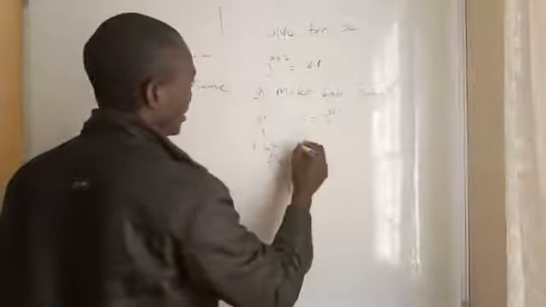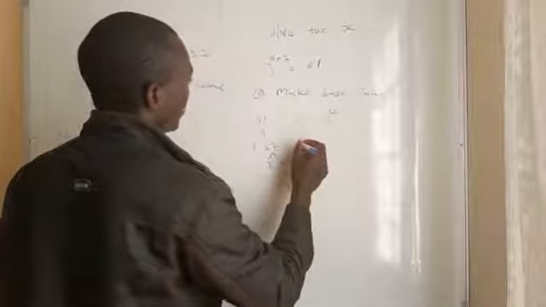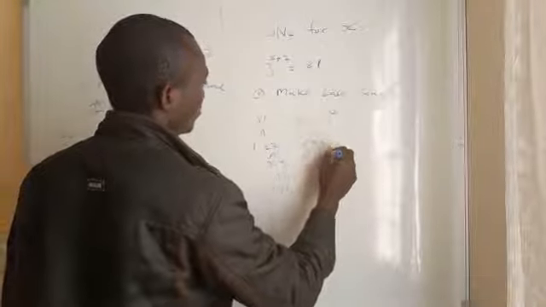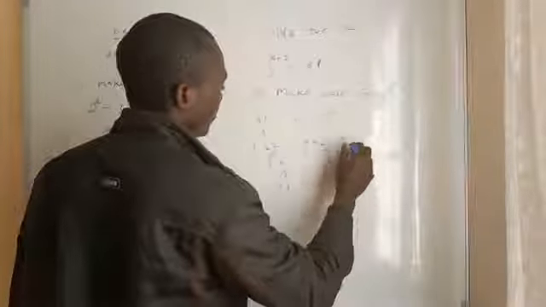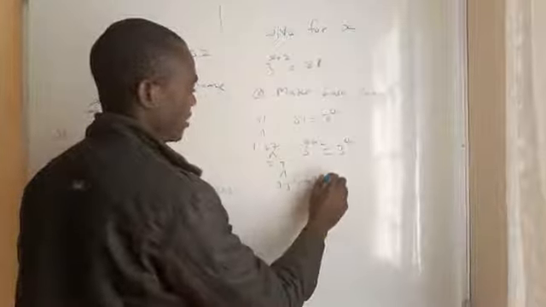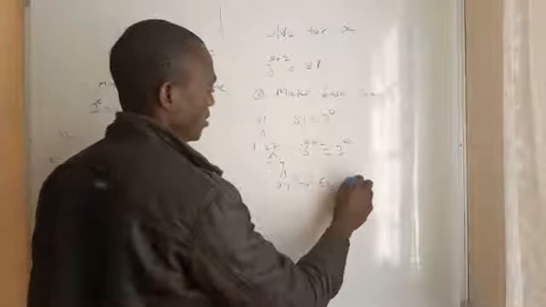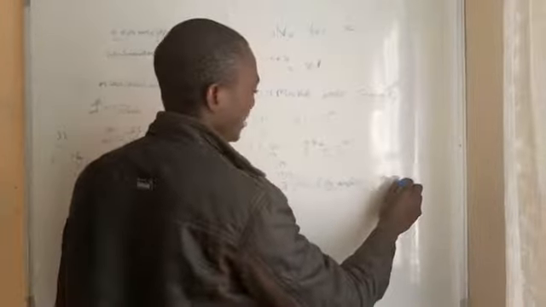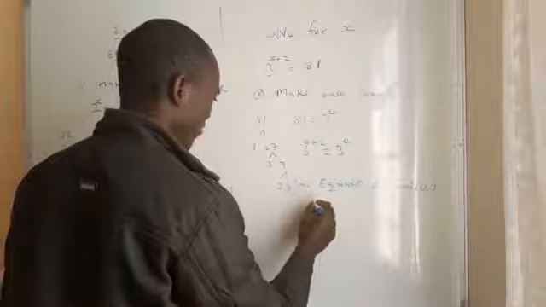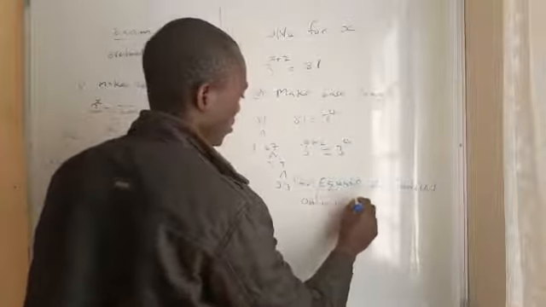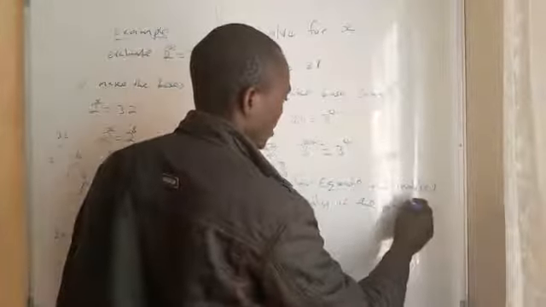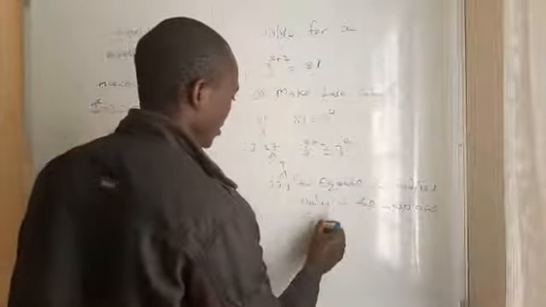So we bring it there. We'll say 3 power x plus 2 is equal to 3 power 4. Number 2, what did I say? I said equate the indices only if the bases are the same. Kindly note this.